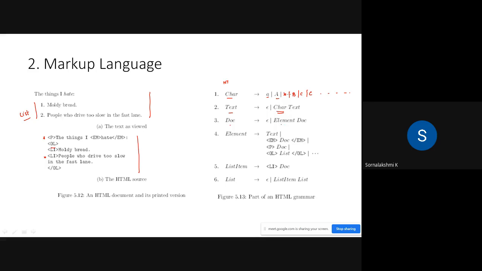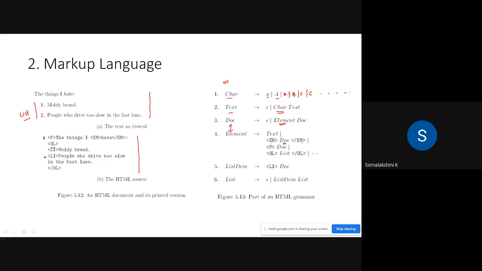Document and element are recursive with respect to each other. Document has an element, and element has a document nested. So document is a sequence of elements, and in the elements you see either a text or a tag. EM is a tag, with /EM, enclosing a doc. The P tag has no end tag, just followed by a doc.